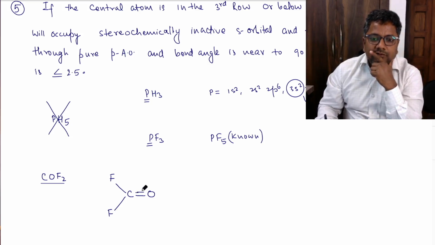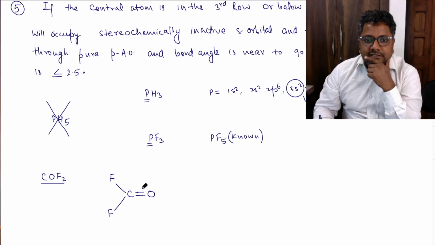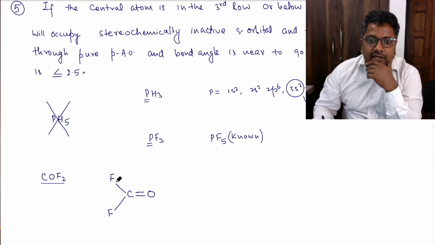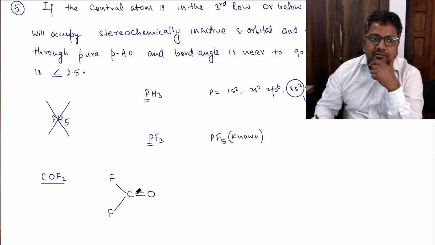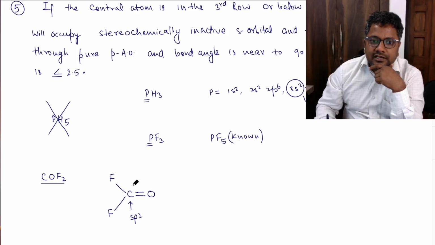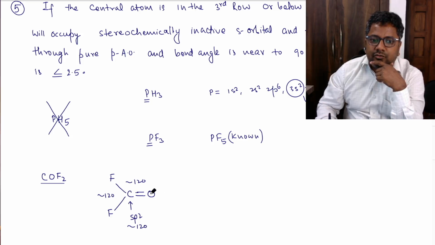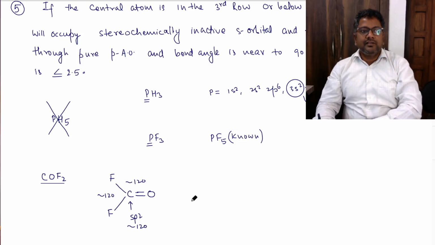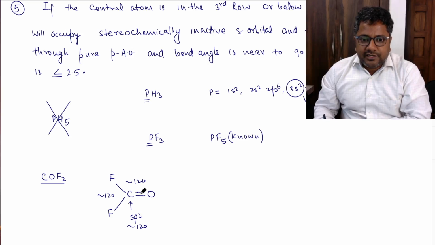And this is a sigma bond. What is the hybridization of this carbon? The hybridization of this carbon is sp2. What is the ideal bond angle here? This angle should be 120, this angle also 120, and this angle also 120: FCF, FCO, OCF, right?